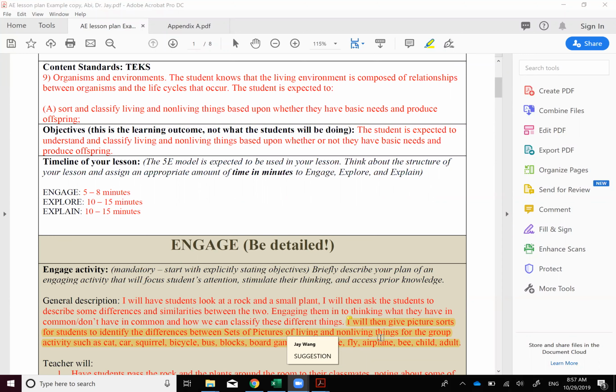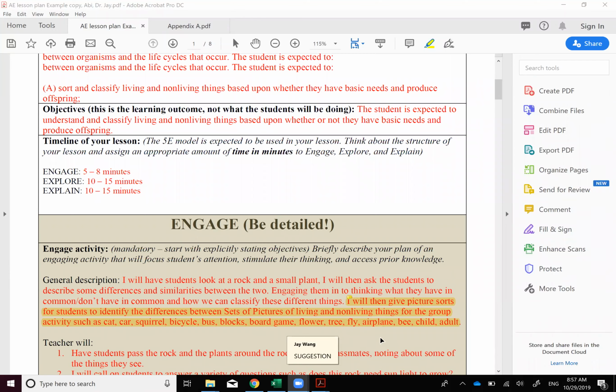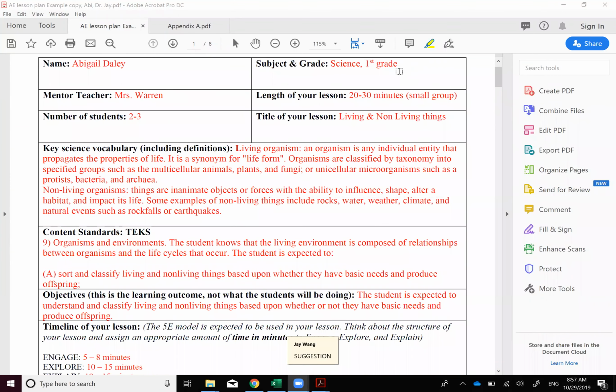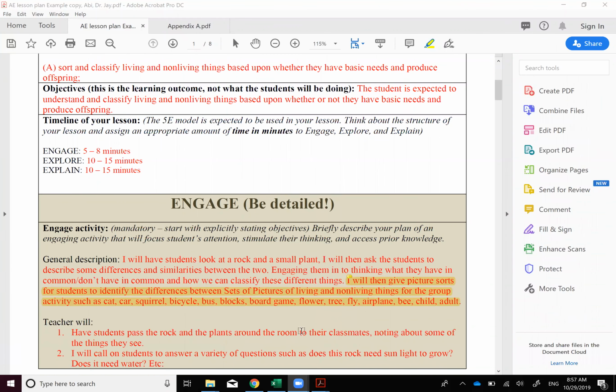So this first part, Engage, is very interesting. However, we need to consider that your students are first graders, and you only have 5 to 8 minutes. You have prepared many activities in Engage, but for first graders, probably the first one, telling the differences and similarities between a rock and a small plant, would use up all 5 to 8 minutes.